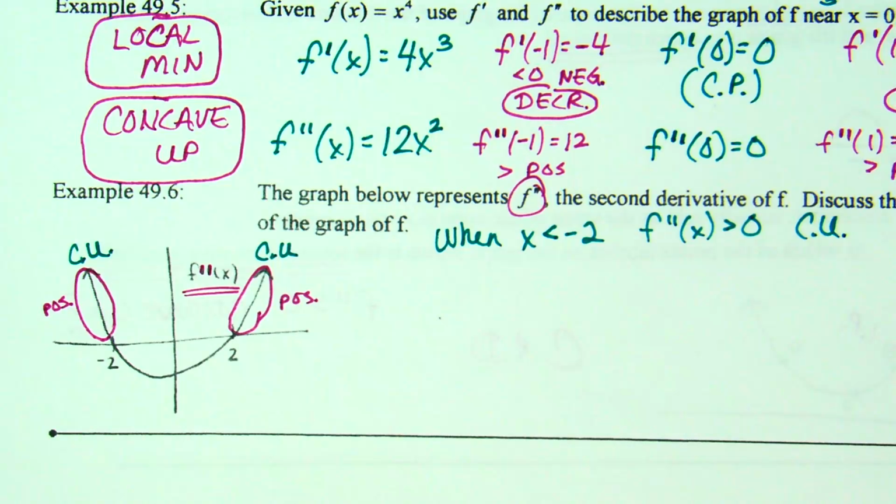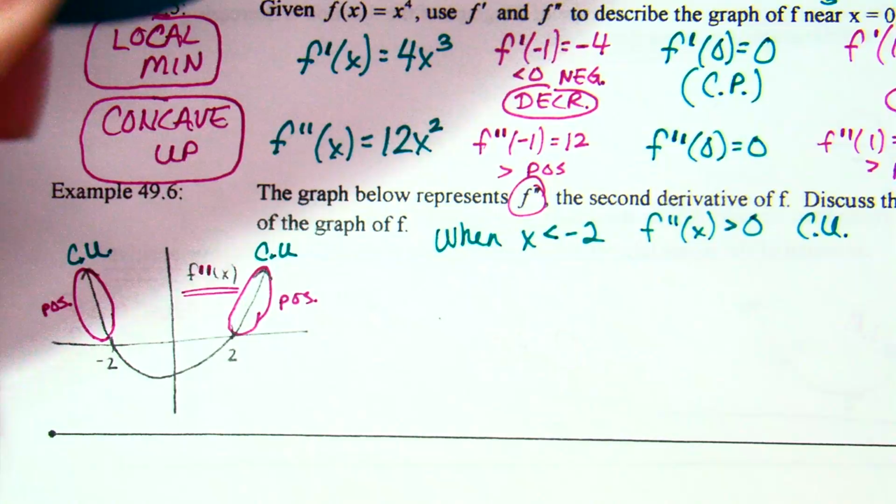And then if I jump down to the bottom, the other option was when x is greater than 2. The second derivative is greater than 0, and that's also concave up.